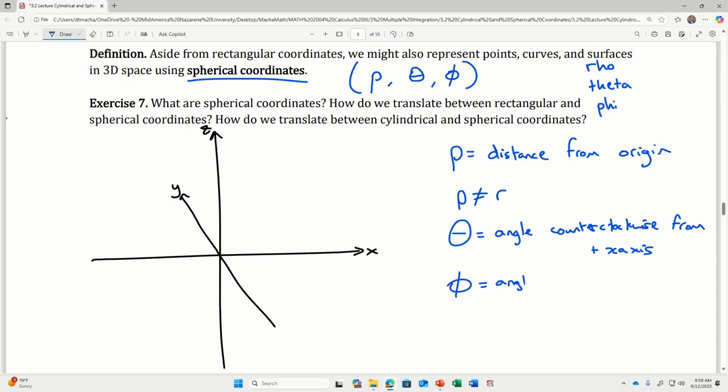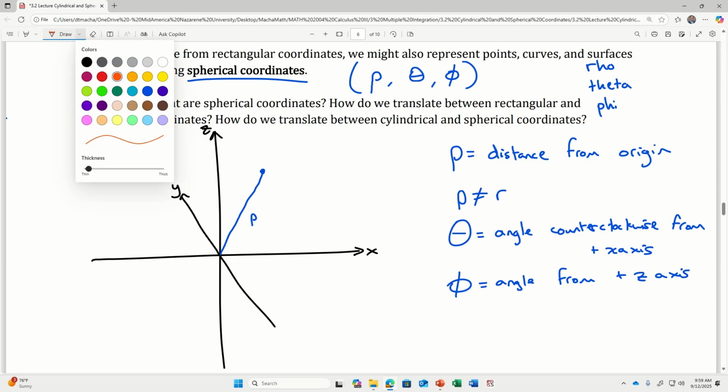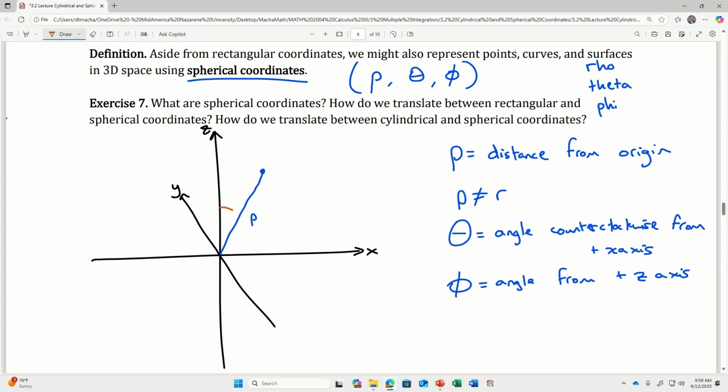Phi is the angle from the positive z-axis. And so here's a point in space. The distance from the origin straight to that point is rho. And then this angle from the positive z-axis is phi.